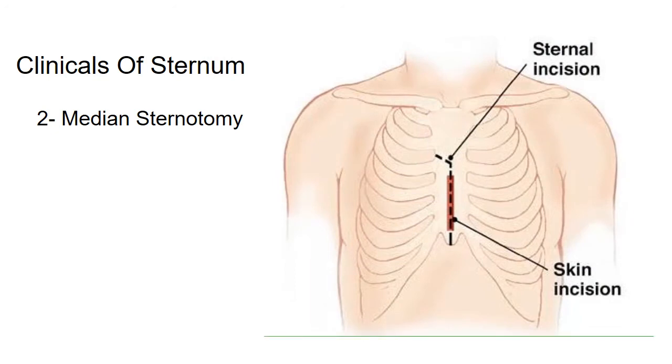The second important clinical regarding the sternum is the median sternotomy. What is sternotomy? It is a type of surgical procedure in which a vertical line incision is made along the sternum, as you can see in this image, after which the sternum itself is divided into halves and is retracted to gain access to the thoracic cavity for certain surgical operations.